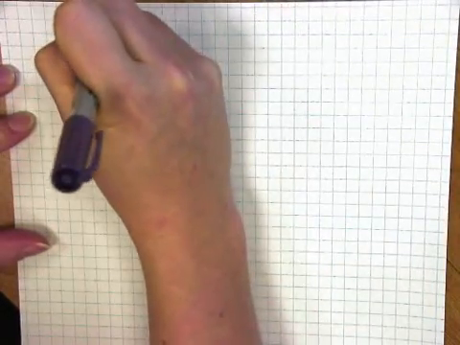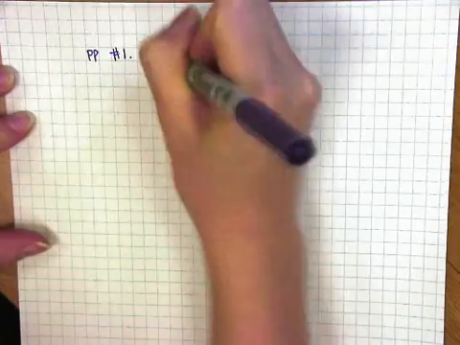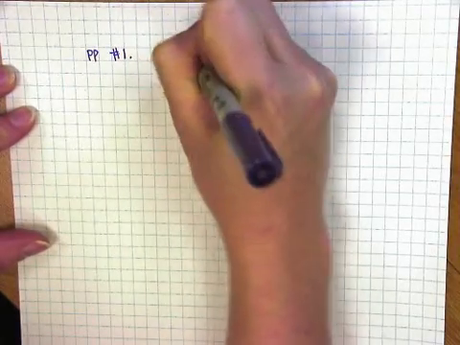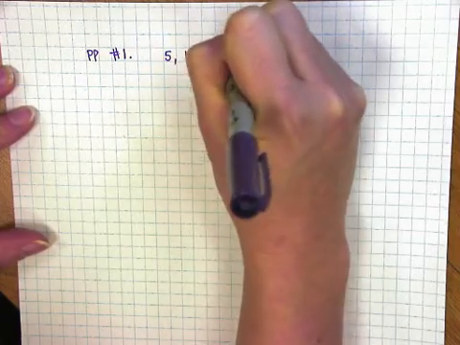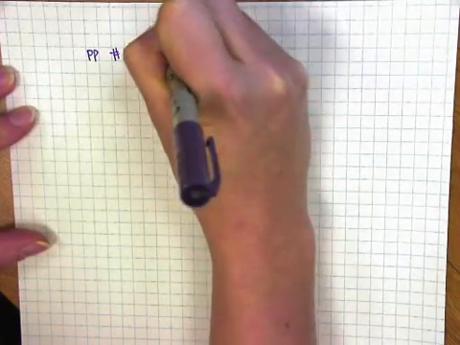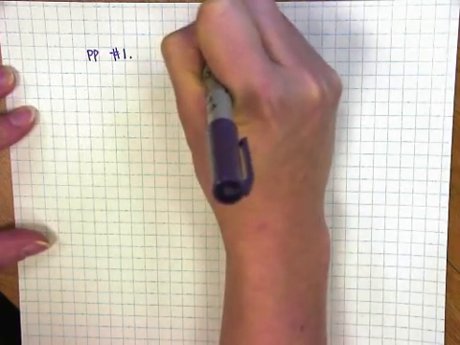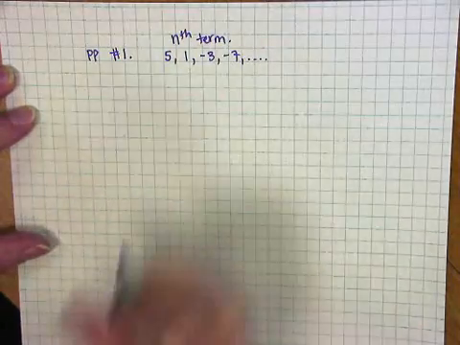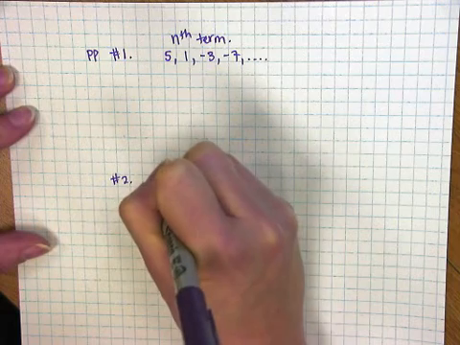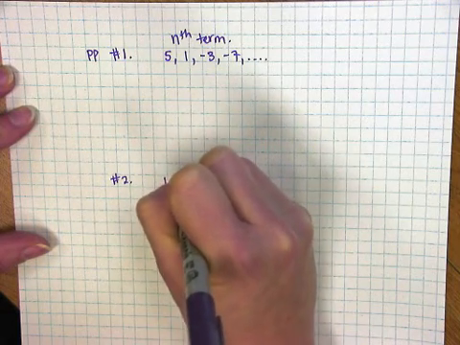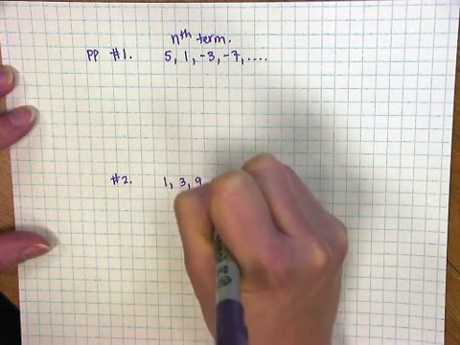Okay, so the practice problems I want you to do. The first one is 5, 1, -3, -7. I want you to find the nth term, or the formula, for this one. The second practice problem is 1, 3, 9, 27.